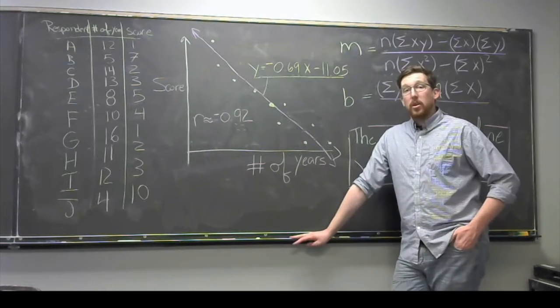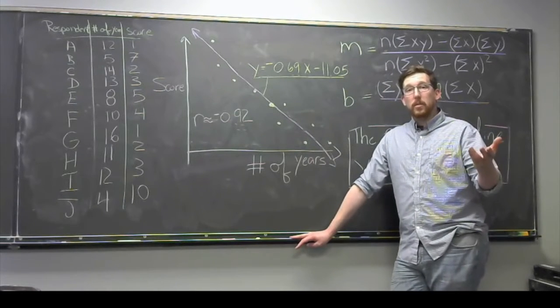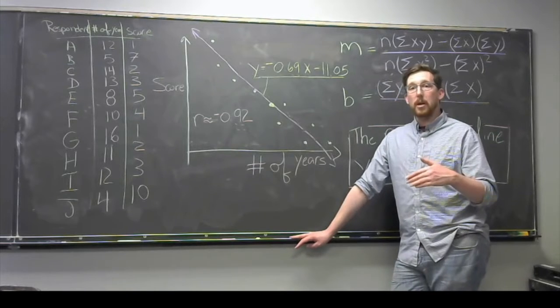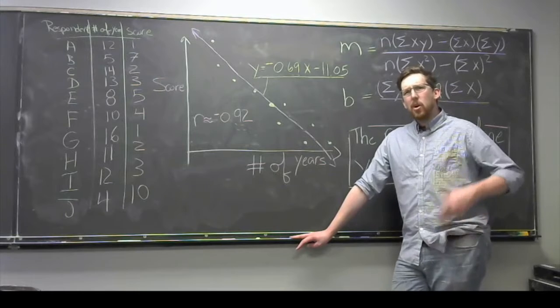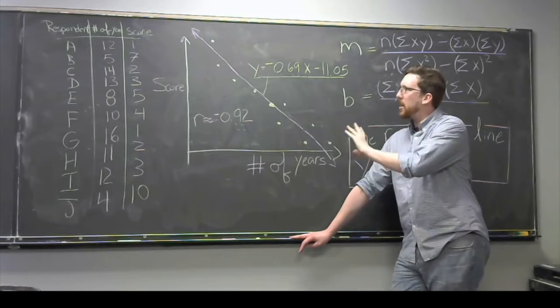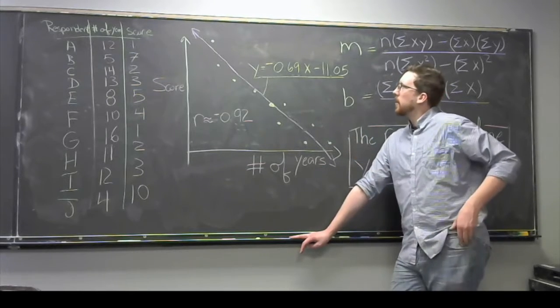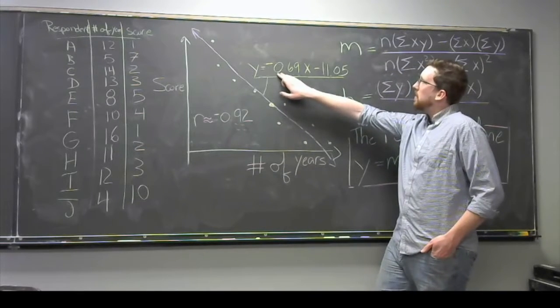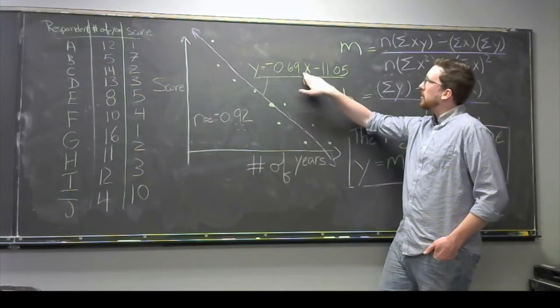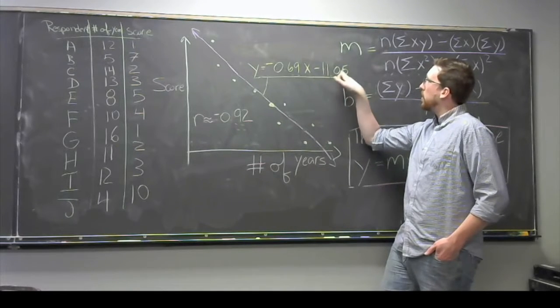If, on the other hand, your R value is positive, well, that means your slope's going to be positive. So having said that, I went ahead and also calculated what the equation for that line here would be. And that equation comes out to be y equal to negative 0.39 times x minus 11.05.